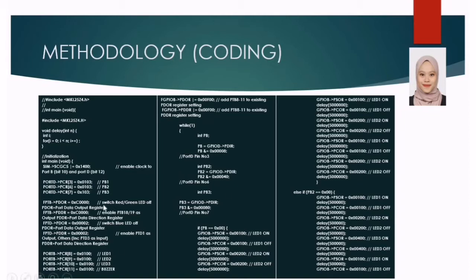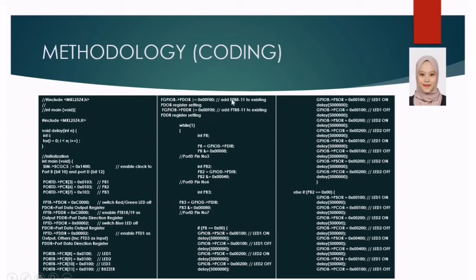Okay, this coding is about switching the red or green LED off, and then this enables PTB 18 or 19 as output. This one switches the blue LED off. This one enables PTD1 as output. Okay, this one is LED1, LED2, LED3 and buzzer.